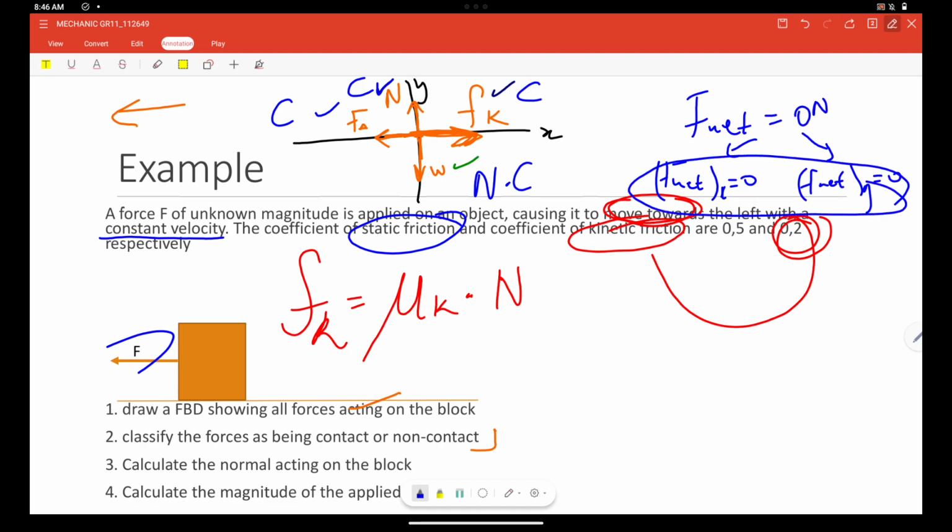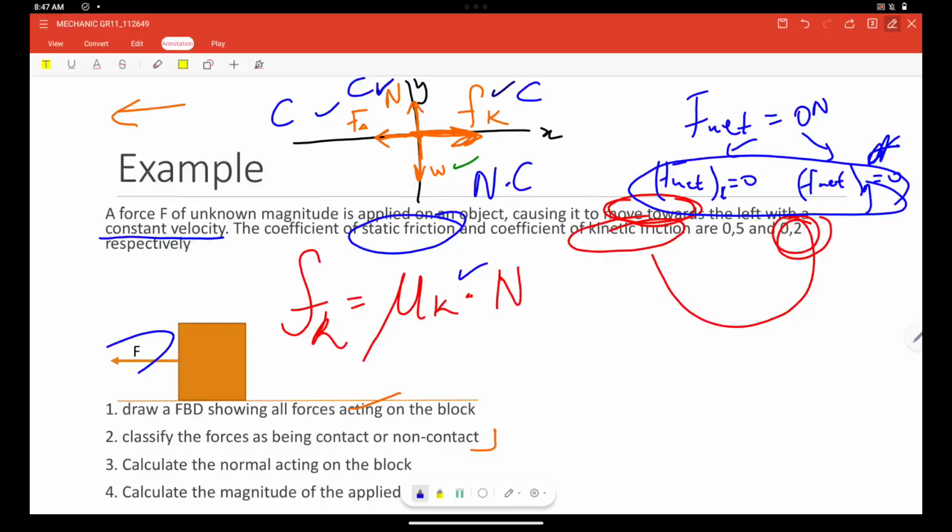If we are asked to calculate kinetic frictional force, it goes two ways. To calculate kinetic frictional force, you can either make use of this equation, or if you have too many unknowns, you can still come back here. To identify which one you use, sum of forces along the x direction or along the y direction, you need to look at the force that they're talking about and identify the direction in which it is along.